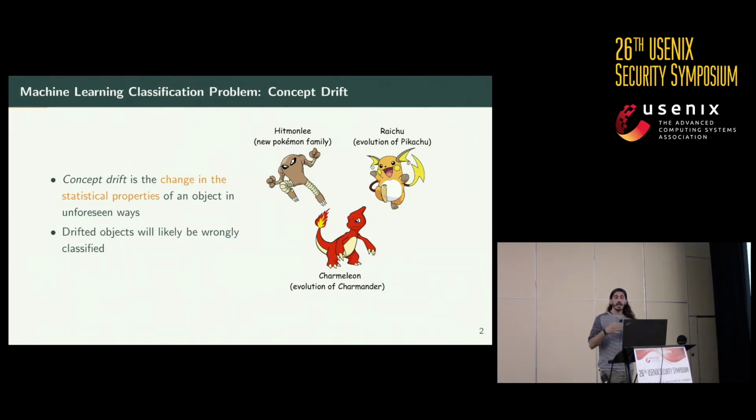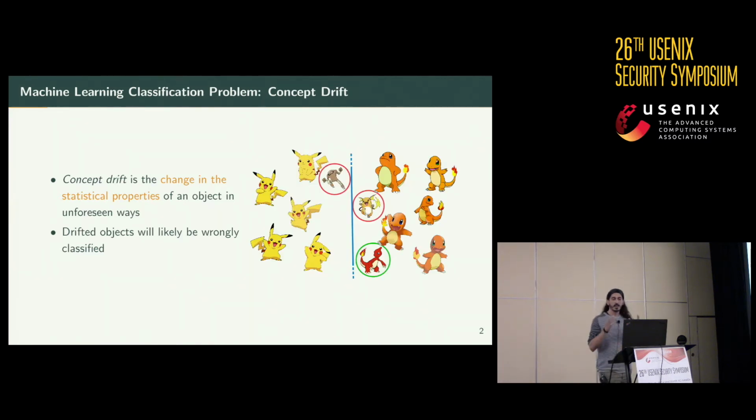So it is likely that the model will make a wrong prediction when trying to predict these objects. In fact, wherever you place Hitmonlee, the new family, it will be wrong. In this case, it is classified as a Pikachu, but it's wrong. Charmeleon, for instance, is classified correctly because it's an evolution of Charmander, but this can also be a lucky guess.